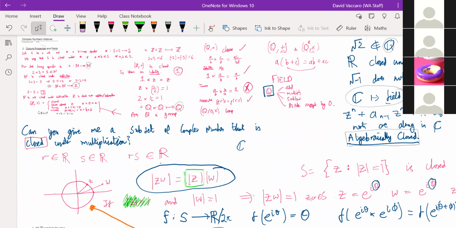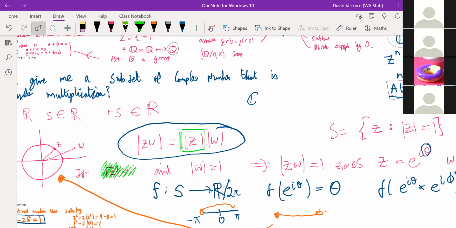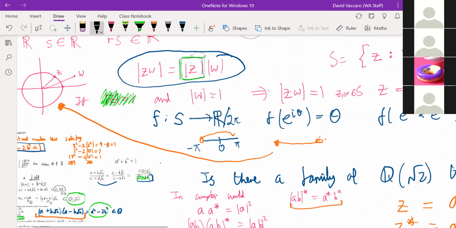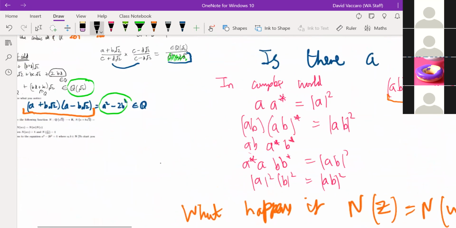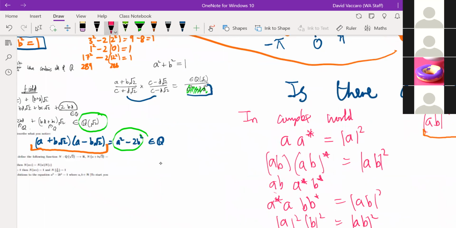This bit on Pell's equation was just meant to show you how stuff that is important within the complex field, like the modulus function, finding something which is an invariant or which has an algebraic property like being multiplicative, is always useful. And so you can apply a similar idea to a different field, the rationals augmented with root 2.